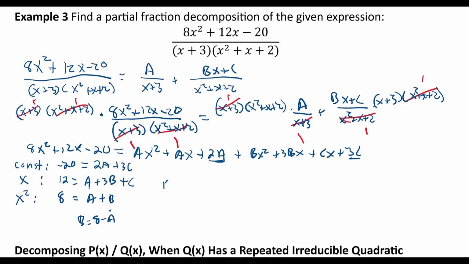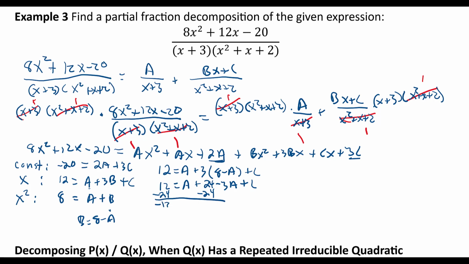I'm going to have to use a lot of space here, so I probably should be a little more conservative with my space. 12 equals A plus 3 times, instead of B, I'm going to do an 8 minus A plus C. So 12 equals A plus 24 minus 3A plus C. So I'll subtract the 24.